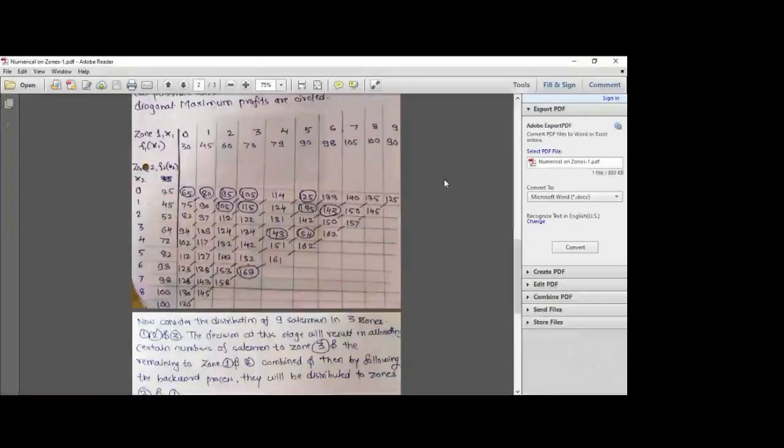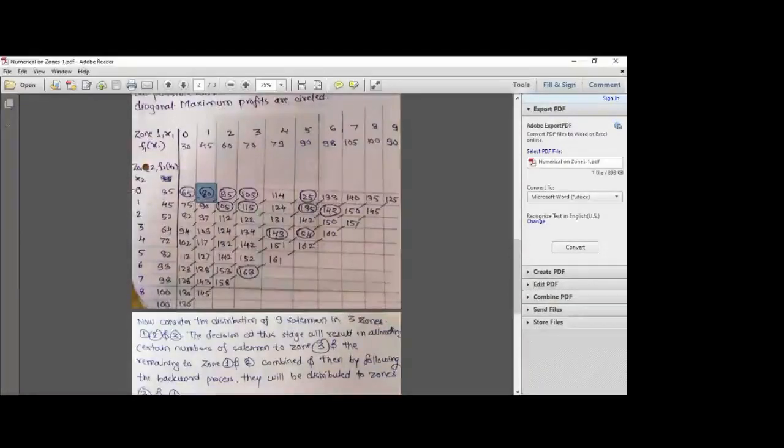Now, if I have to put only one salesman, considering both zone 1 and zone 2, what are the combinations? My combination is 0 salesmen in zone 2 and 1 salesman in zone 1.